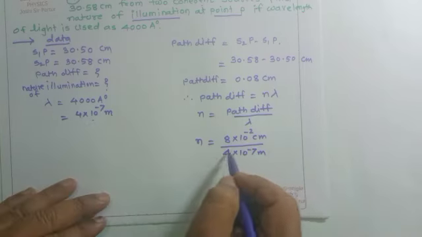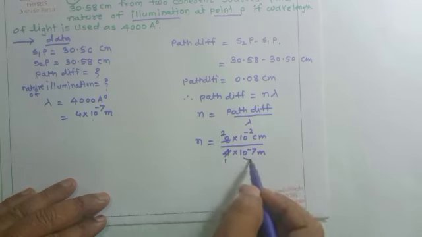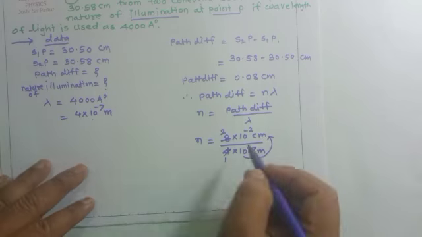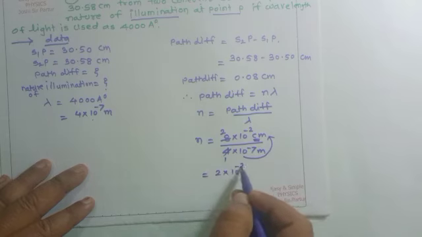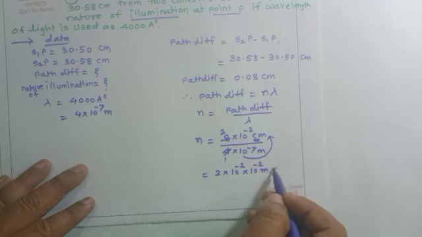4 times 2 is 8. The minus 7 will be shifted up, and centimeter converted into meter, so it will be 2 into 10 raised to minus 2 into 10 raised to minus 2 meter into 10 raised to plus 7.